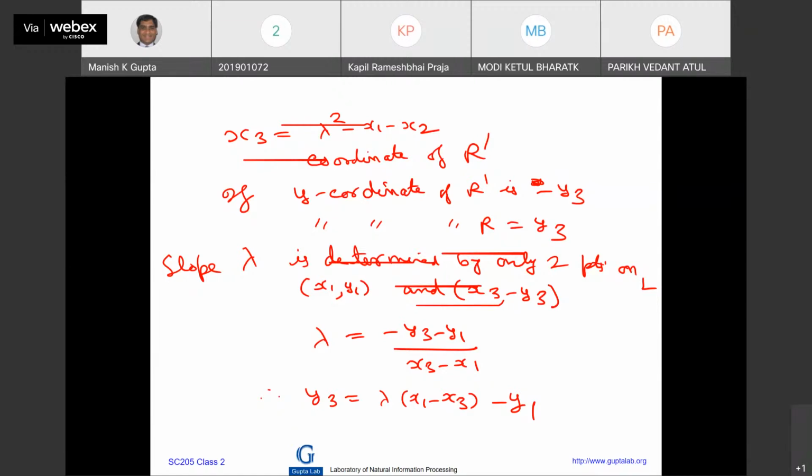I'm going to write it now. The formula is, P plus Q is given as some point x3 comma y3, where, of course, this is the case when x1 is not equal to x2.